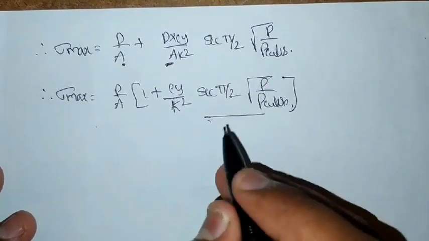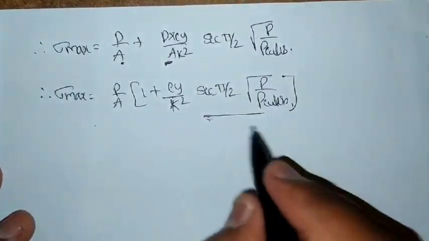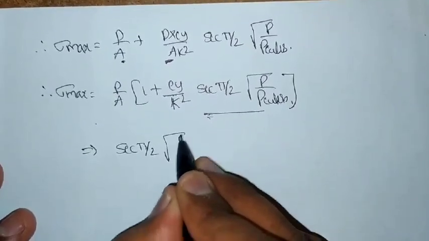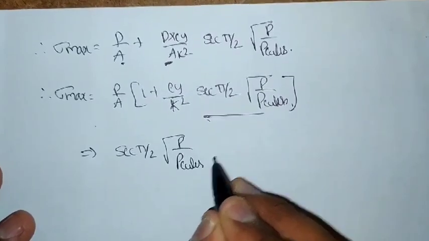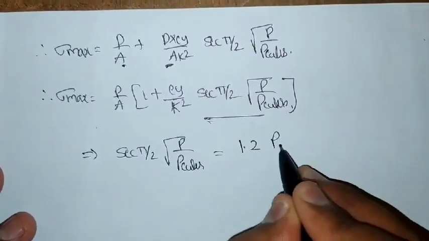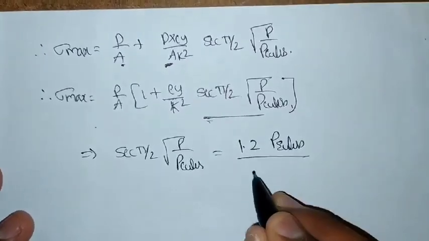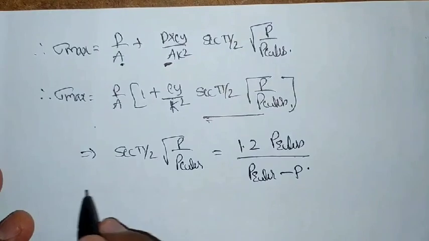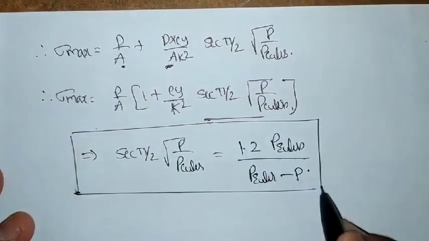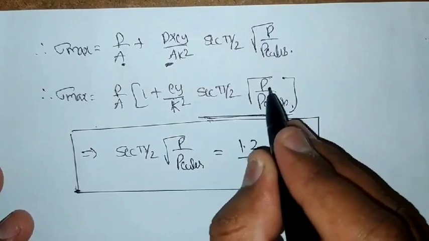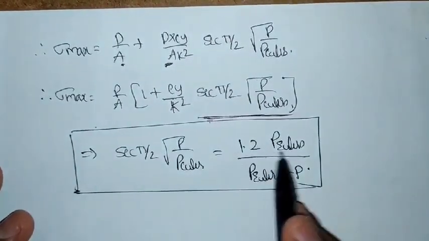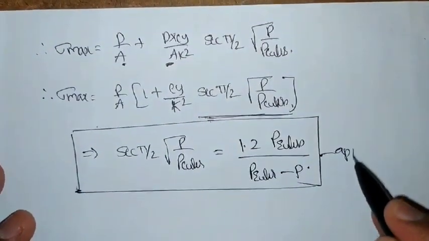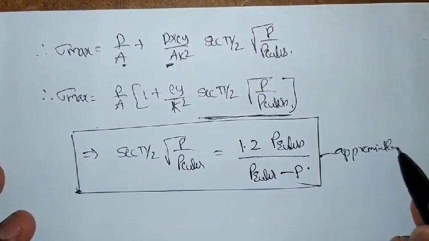So according to Professor Perry's formula, the value of secant pi by 2 into root of P by P Euler's can be written as 1.2 P Euler's divided by P Euler's minus P. So this is approximately how he has taken it.